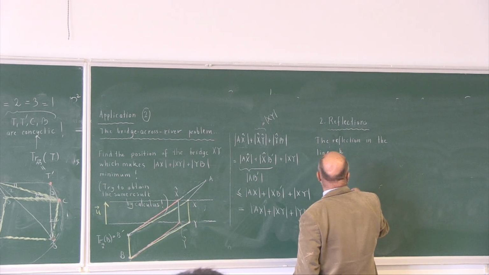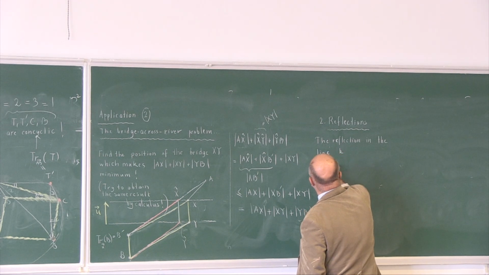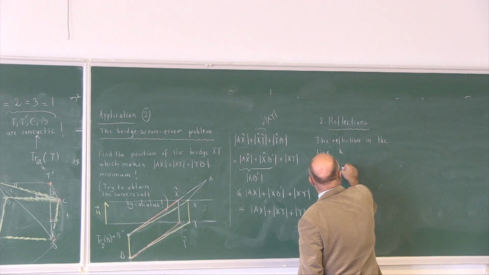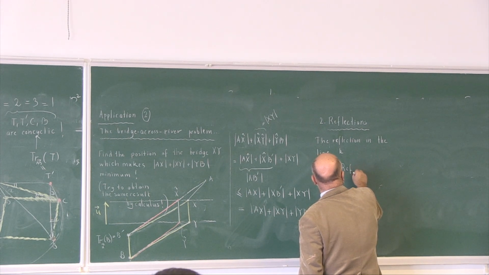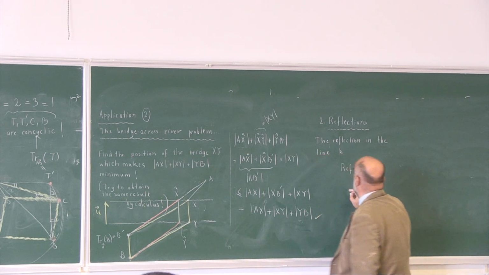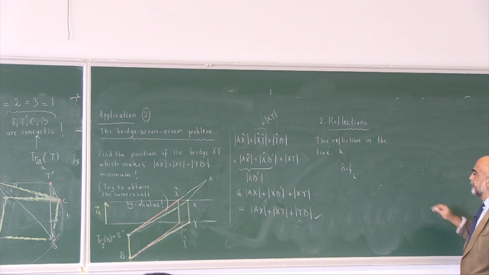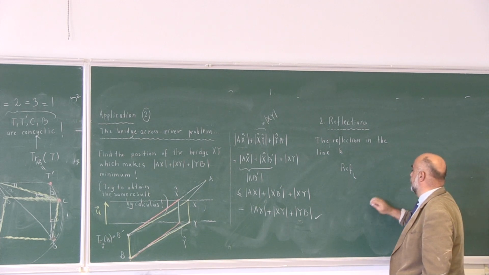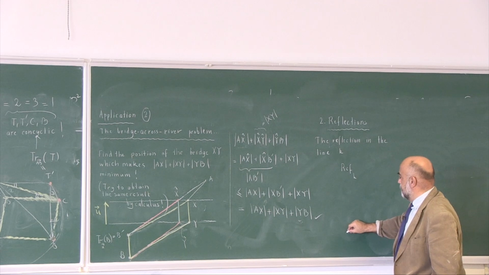So given a line K, okay, so that will be denoted by a reflection K, ref sub K, that's the notation that I shall adopt. So what happens is, it's something well known to you.